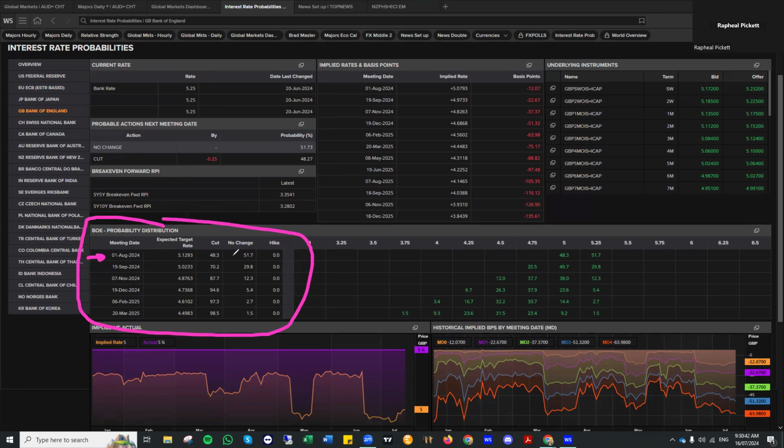So that makes any upcoming data for sterling extremely important because it could lead to either the probability of a cut higher or no change higher, right? But either way, right now, you're looking at a 70% chance in September, 87% in November, almost 95% in December.